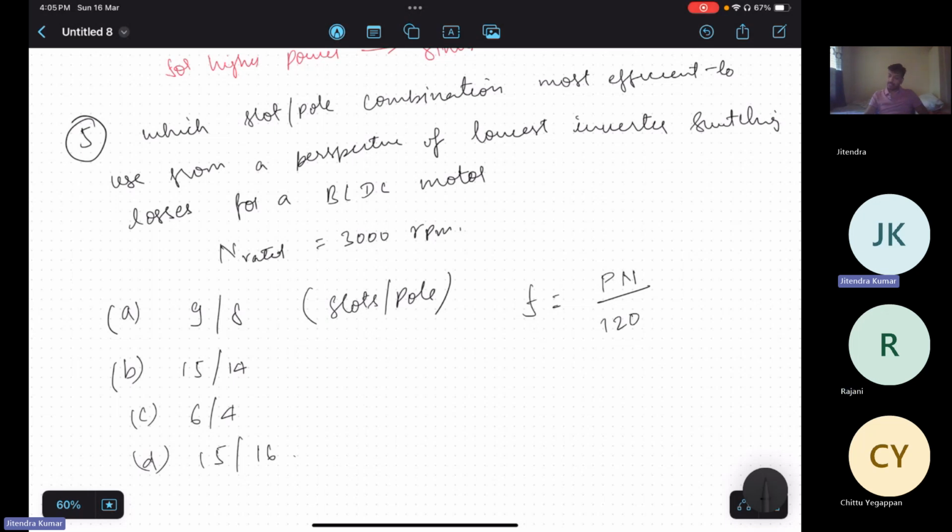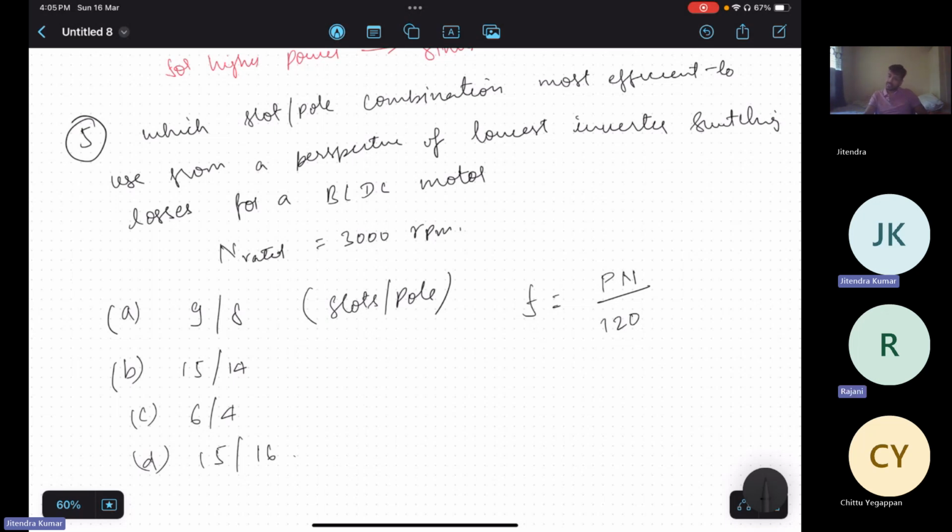The highest frequency will be at the highest number of poles, so frequency is dependent on the number of poles. The lesser the number of poles, the lesser the operating frequency of the machine, and because of that, there will be a lower iron loss component in a BLDC motor.